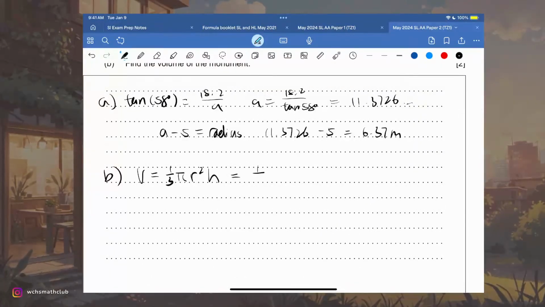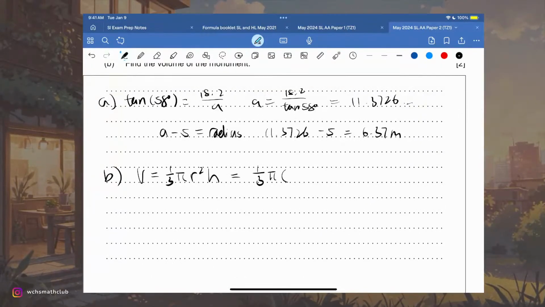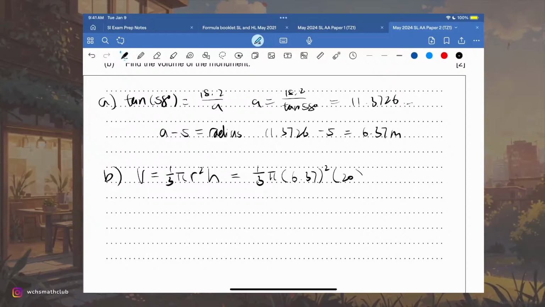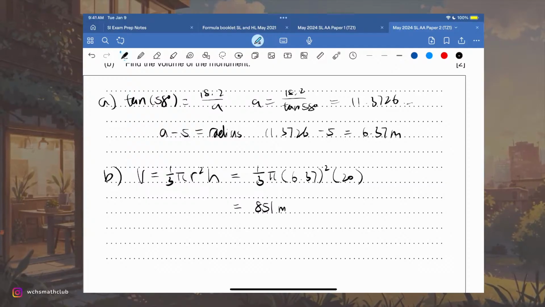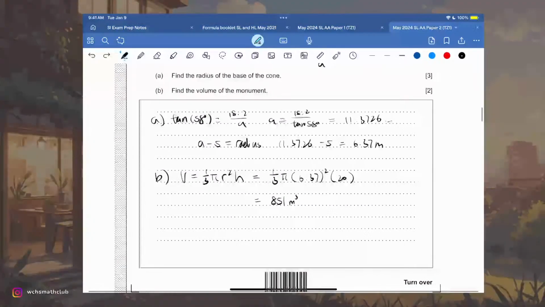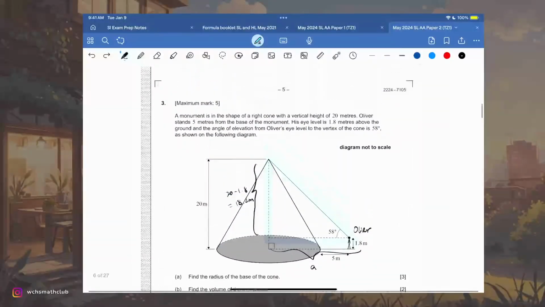Plugging this in, 1 over 3 pi, times 6.37 squared, times h, which is 20. This should give you a final answer of 851 meters cubed. Make sure you include the units, because this is a word problem and you must have units. Okay, and that is it for question 3.